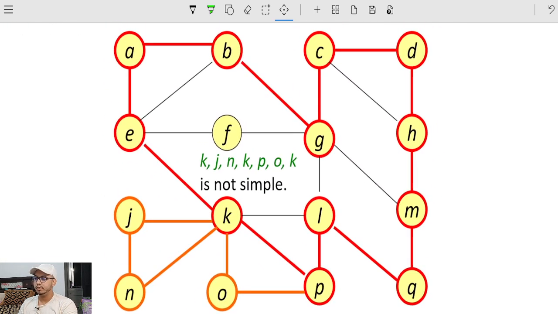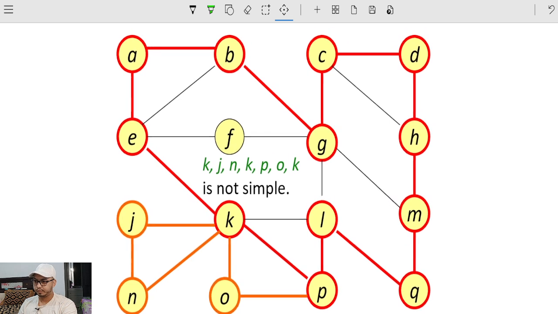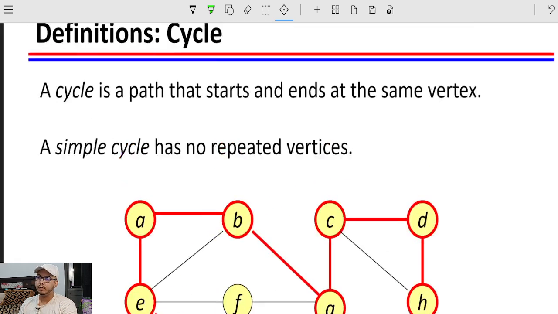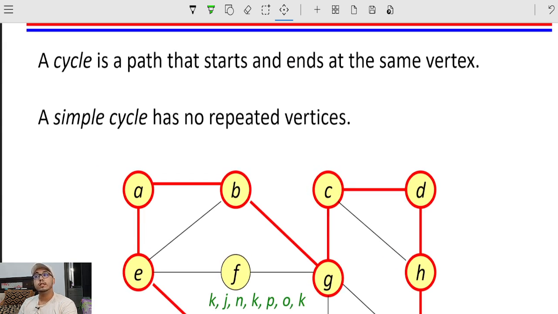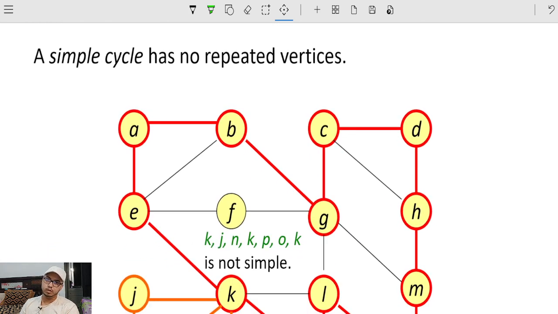These are some examples: A, B, E, D; F, G, C, D, H, G; M, E, K, J; M, N, O, P, Q. But J, K, N, P, O, K is not simple because it has repeated vertices. A cycle is a path that starts and ends at the same vertex.